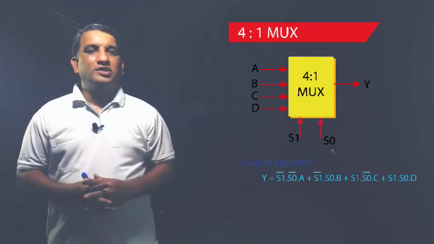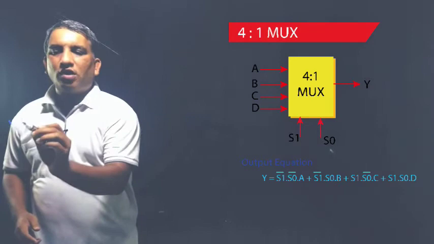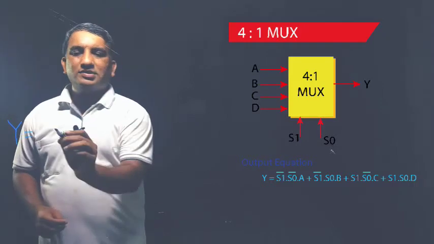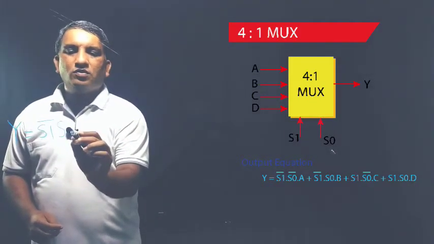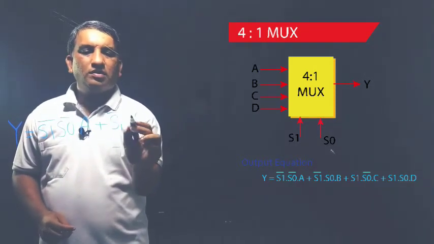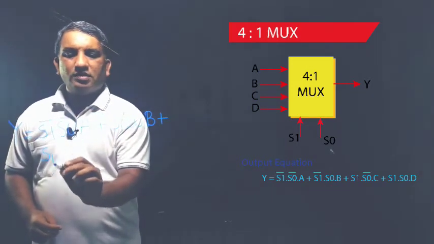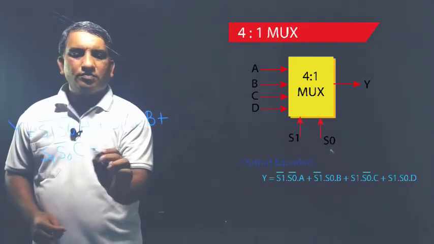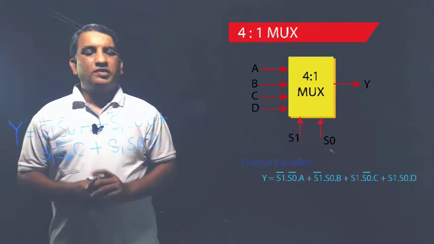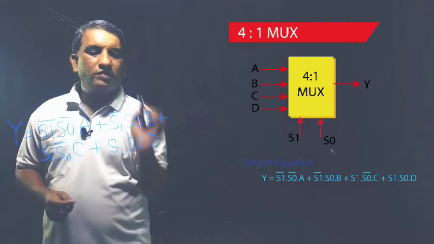So from this logic, the output equation for this 4:1 mux can be written as S1 bar S0 bar into A plus S1 bar S0 into B plus S1 S0 bar into C plus S1 S0 into D. There is always the ANDing operation between these ports, so I will put a dot here.